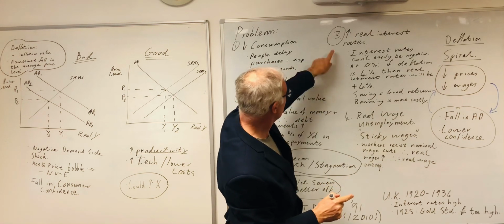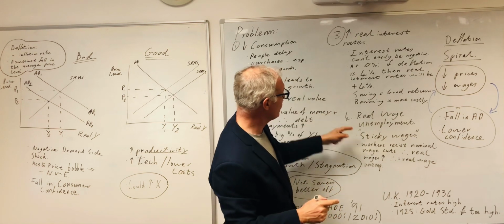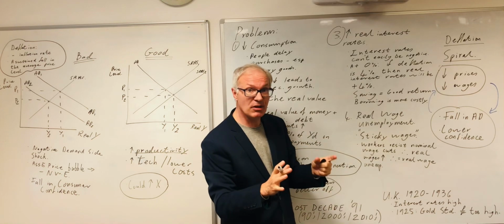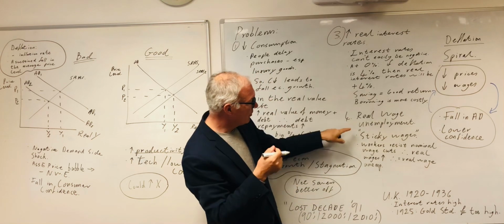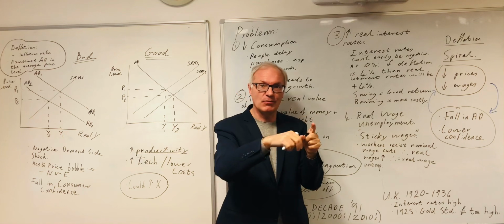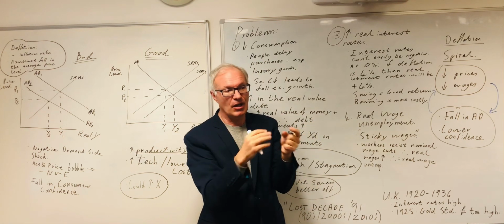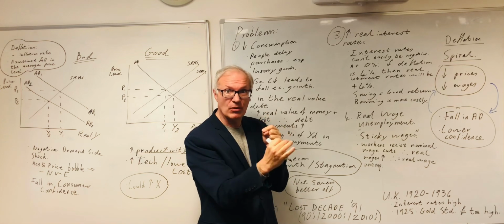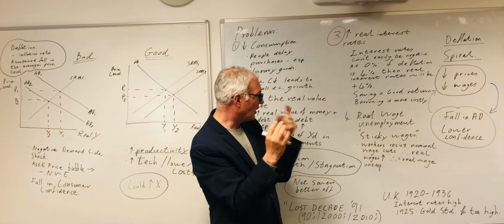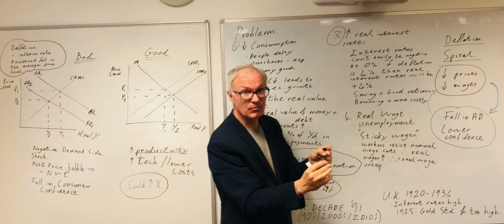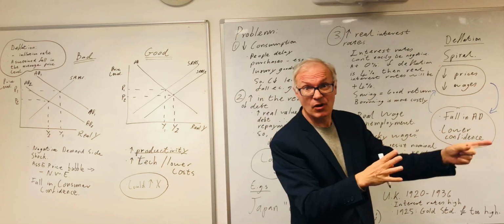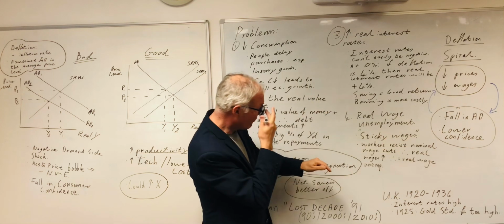So that's the third problem. The fourth problem is you could end up with real wage unemployment, with classical unemployment. Because wages tend to be sticky downwards, people don't want to receive a lower nominal wage, because psychologically that's difficult, absolutely related to loss aversion, but we won't go there at the moment.